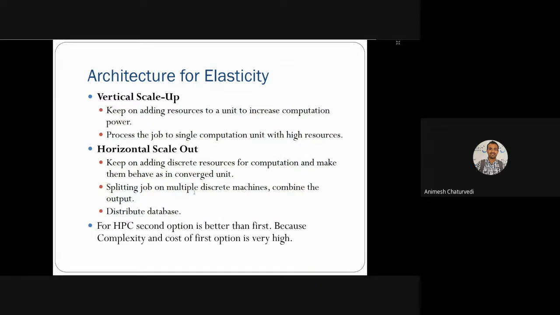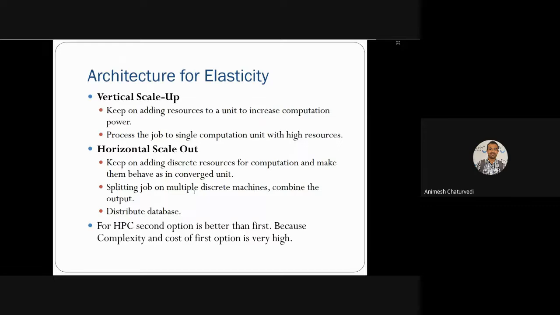In this condition, splitting of the job happens, and multiple distributed machines do the processing on different parts, and they combine the output and produce the result. Thereafter, there are distributed database systems, where you have multiple databases working together, and they should produce an output altogether.